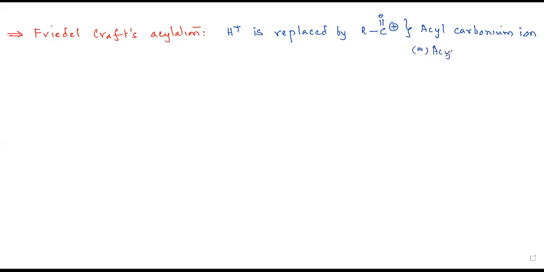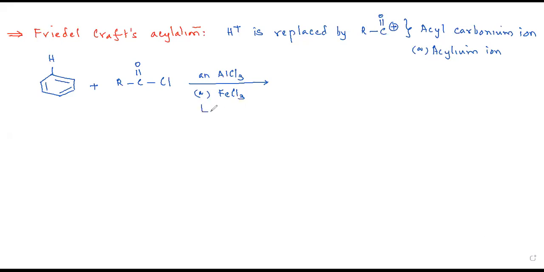You can also call it this way. Now, when benzene is treated with acid chloride in the presence of anhydrous aluminum chloride or ferric chloride, or of course any Lewis acid, H plus Cl minus.